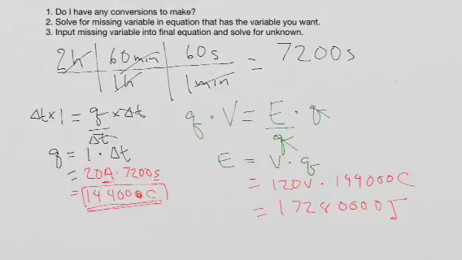This is totally acceptable, but I can also put it in scientific notation, which would basically, using your little waves that you love, mean going from where my decimal would be: 10 to the 1, 10 to the 2, 10 to the 3, 10 to the 4, 10 to the 5, 10 to the 6, 10 to the 7. So that's the same thing as saying 1.728 times 10 to the 7 joules is my final answer.